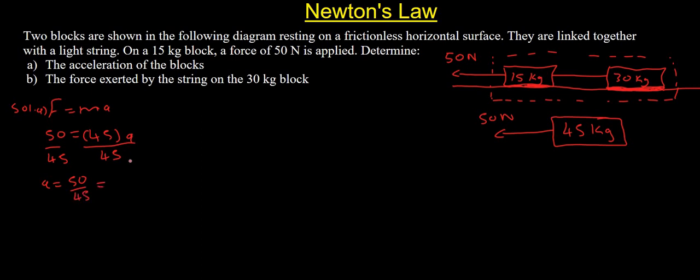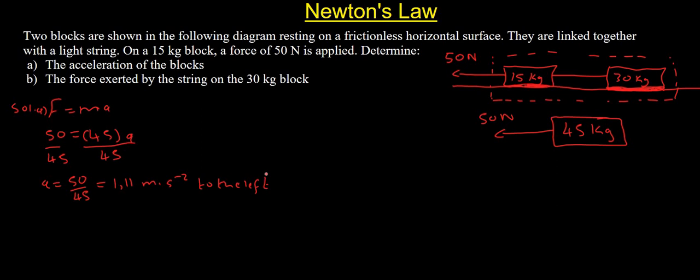And when we punch it on our calculator, 50 divided by 45 will be 1,11 meters per second squared to the left. Because our acceleration is to the left, we must state the direction.